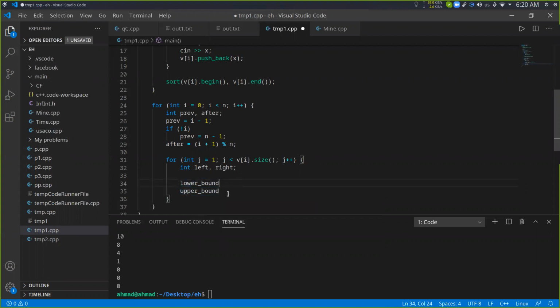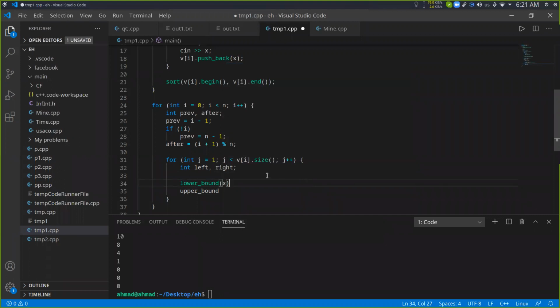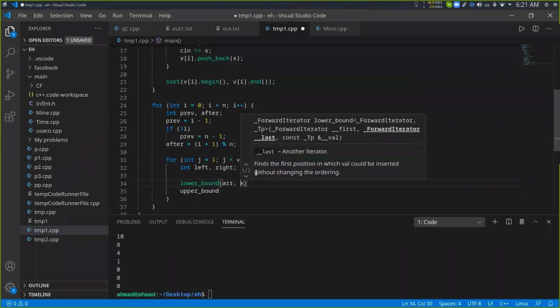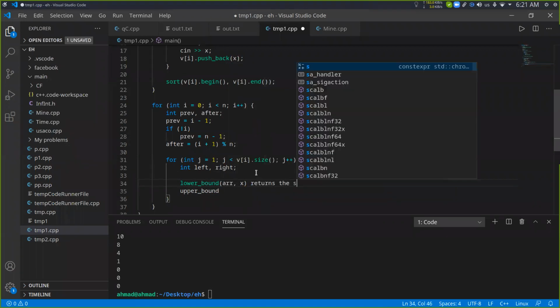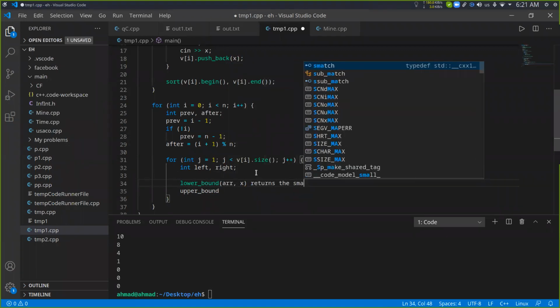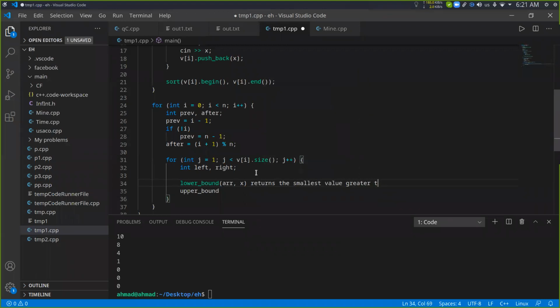Lower bound of x gets the smallest value greater than or equal to x in the array. So instead of binary searching for exactly x, it searches for the smallest value greater than or equal to x.